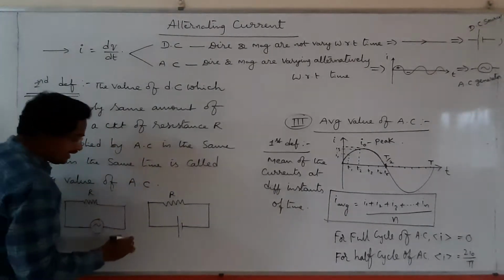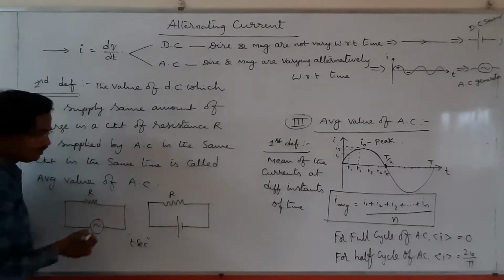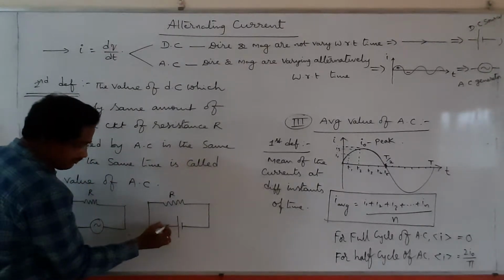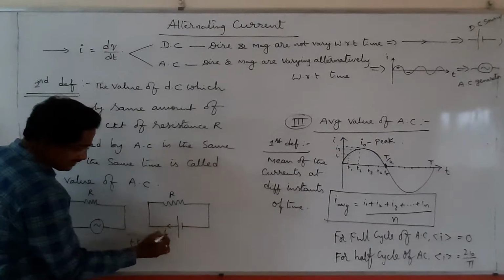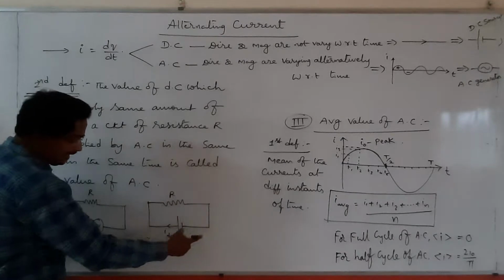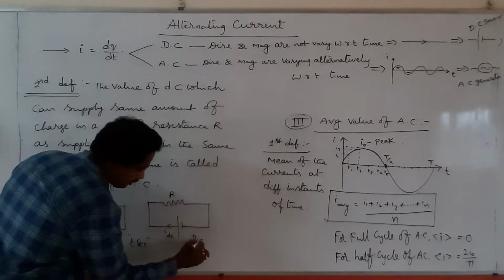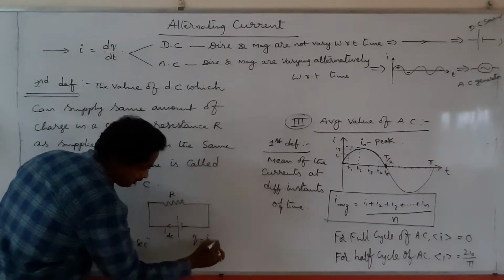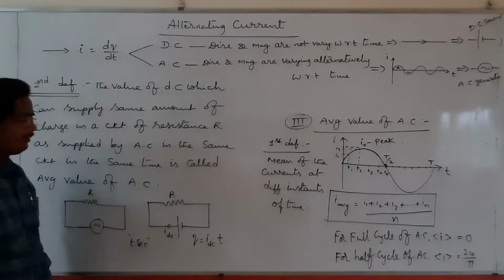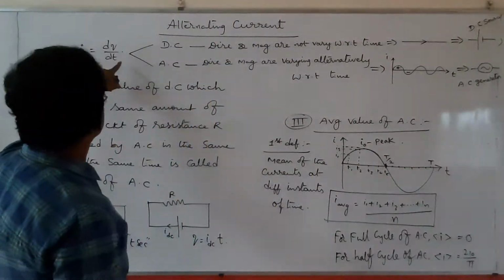For example, in the time of t seconds, if the current flowing here is IDC, what is the charge flowing through this resistor in t seconds? The charge flow here is Q equals IDC into T.